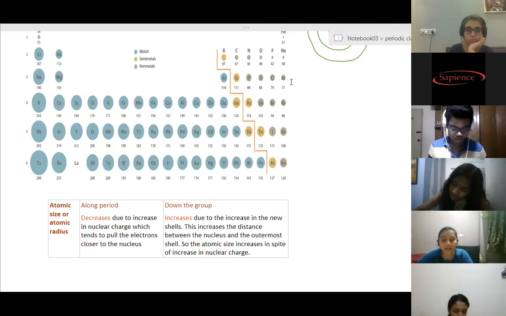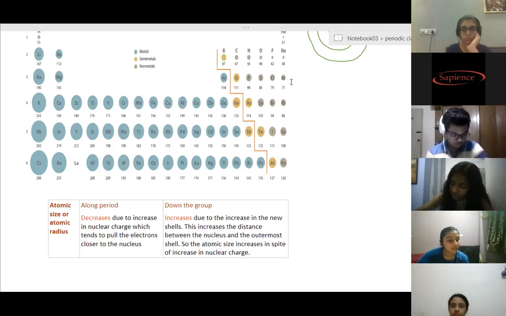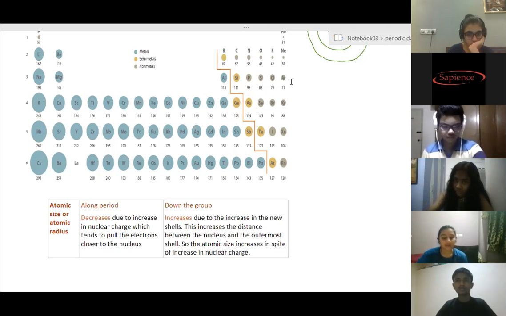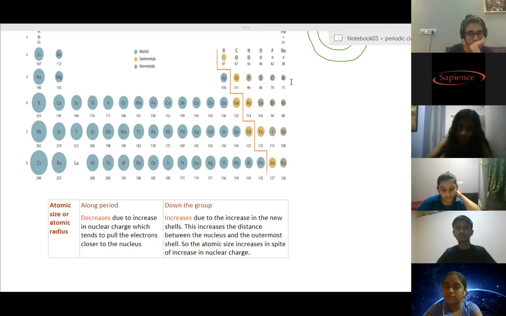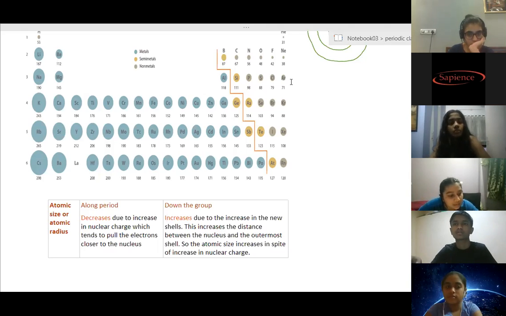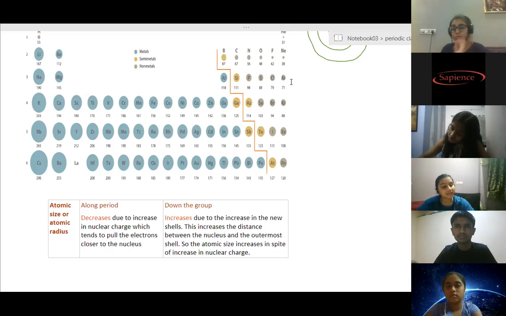Your mic is not working. Unmute now. No. Select the proper mic. If you keep on changing the mic, you have to make the selection properly.